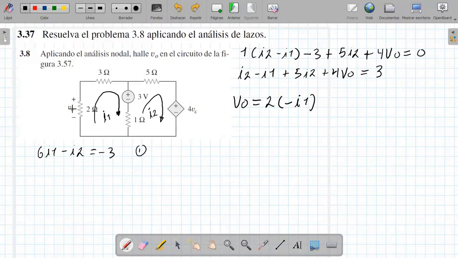Let's remember that V0 is the resistance times the current that comes here, but since the current I1 goes upwards, it has to be the negative of that current, that is, in the opposite direction. If here the polarity had been plus and minus the other way, then we could take it as a positive I1. Then V0 is equal to minus 2 times I1.